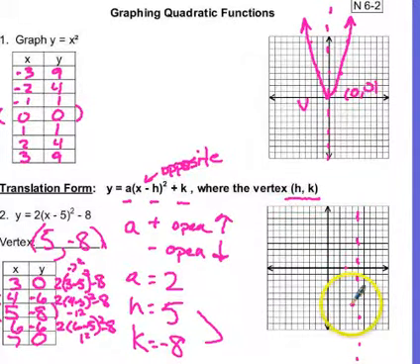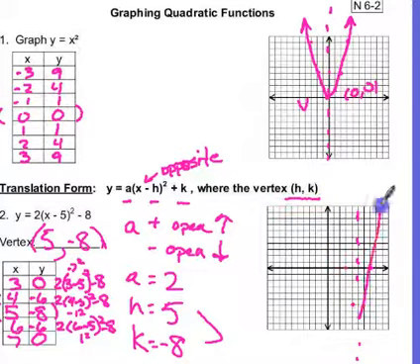So wherever the point is on this side, I'm going to get that same point on the other side of that axis. So I should have a point right there. And I do. I have a point at 6, -6, which is right there. This one's exactly 1 unit to the left, so this one would be exactly 1 unit to the right of that axis. So I'm going to come up here, and that one will be right there. Then if I did one more point over here, I could just put another one over here.